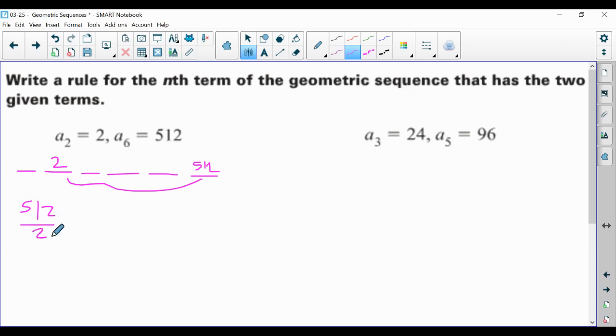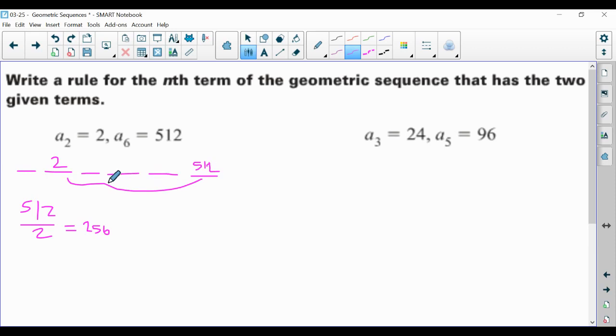The result is 256. So 256 is what I'm actually multiplying by to get all the way here.